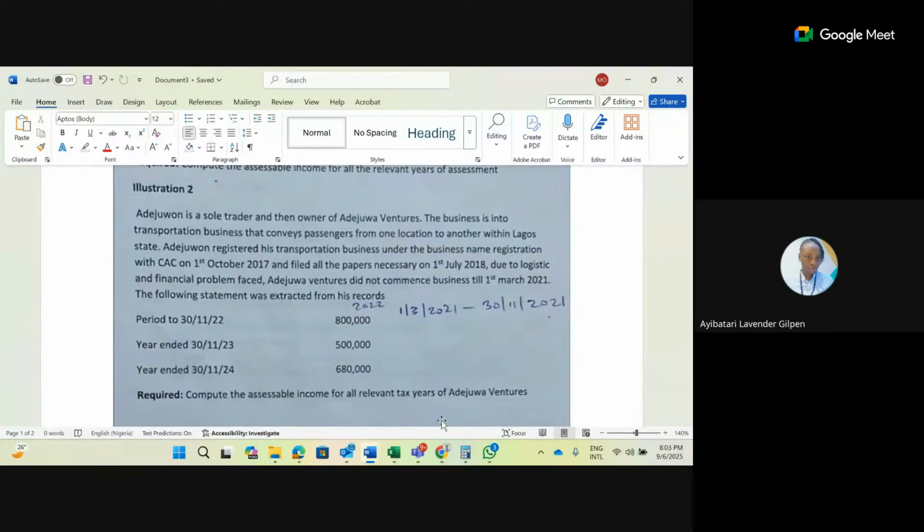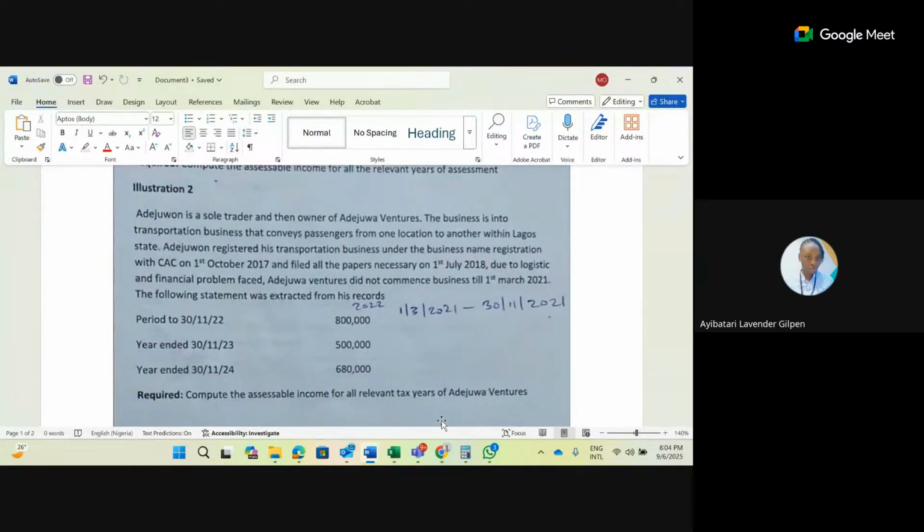Adejuwa is a sole trader and owner of Adejuwa Ventures. The business is into transportation that conveys passengers from one location to another within Lagos State. Adejuwa registered his transportation business under the business name registration with CAC on 1st October 2017 and filed all the papers necessary on 1st of July 2018.